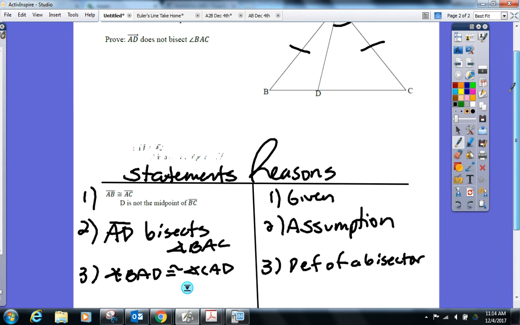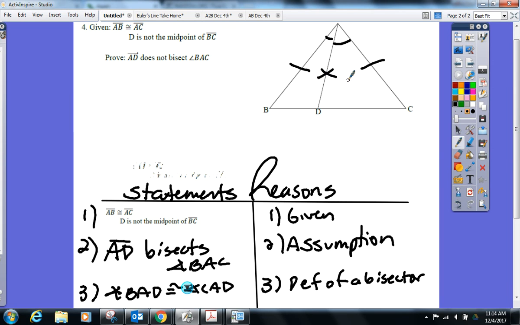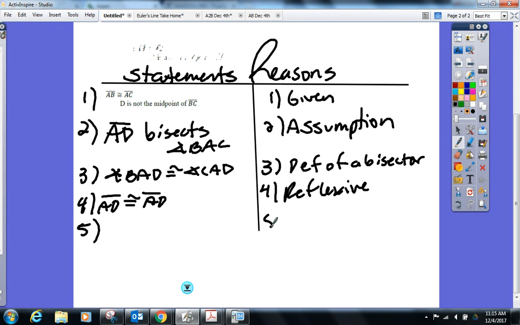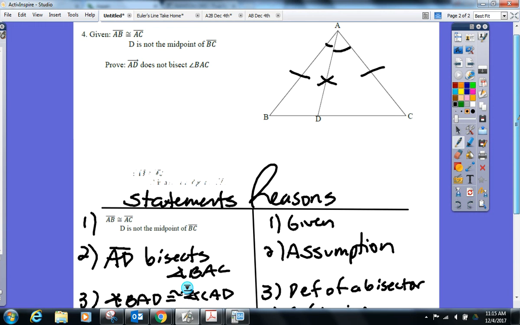And then we could have gone up top and said, I see a reflexive side AD. So AD congruent to itself by reflexive. And then that should have given you enough info to say the triangles are congruent. What method? Side angle side.